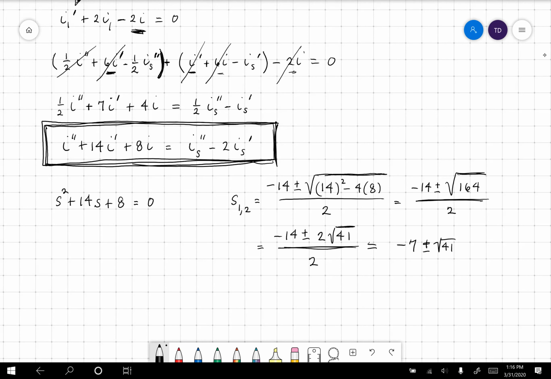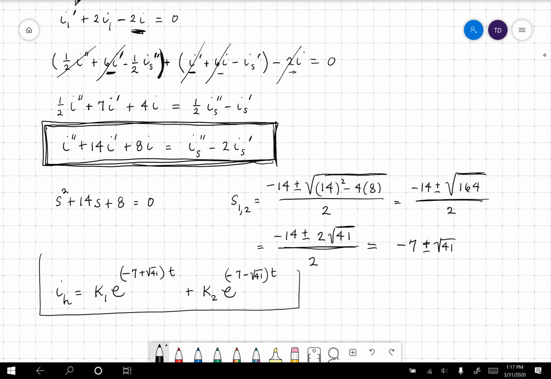Here is the form of the homogeneous response. I homogeneous is equal to K1 e to the minus 7 plus square root of 41 times t, plus K2 e to the minus 7 minus the square root of 41 times t.